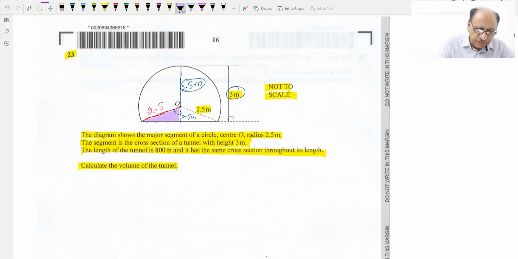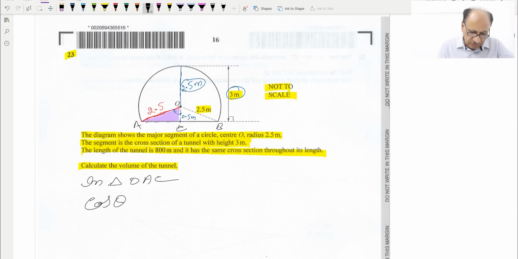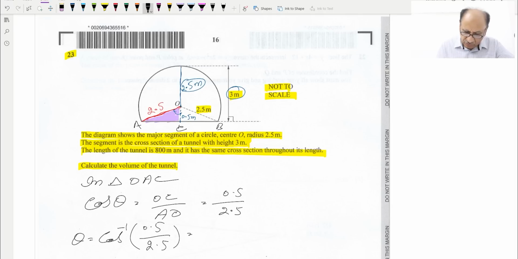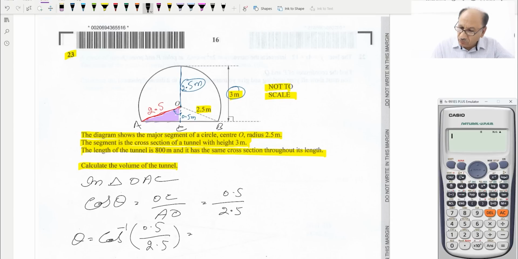If I name this triangle OAB, and this point as C, then in triangle OAC, cos of theta will be equal to OC over AO, which is 0.5 over 2.5, and theta will be equal to cos inverse of 0.5 over 2.5.